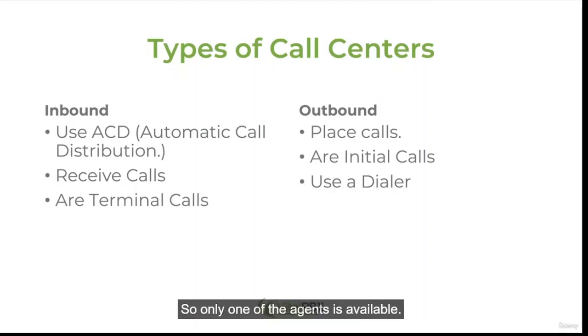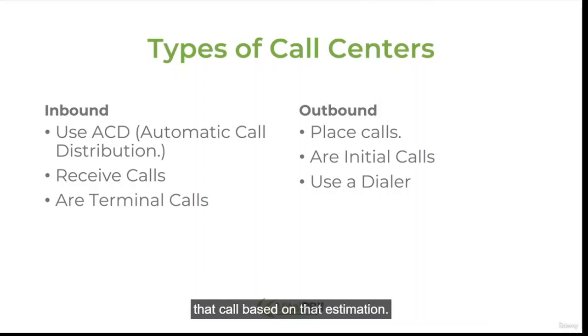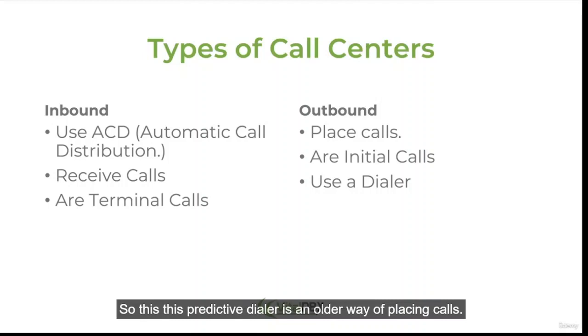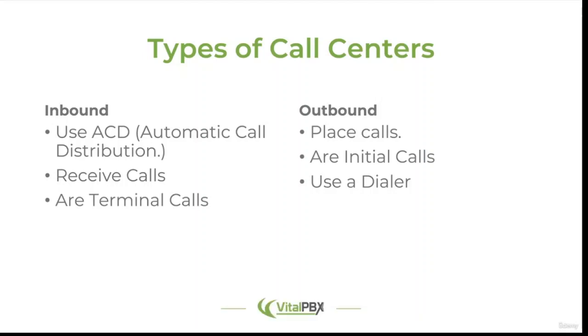So only when the agent is available, they place the calls. And a predictive dialer will estimate when an agent would be available and places the call based on that estimation. This predictive dialer is an older way of placing calls, so it can be a little bit inaccurate whenever it makes a prediction. Sometimes the calls may not start exactly at the moment that is desired.